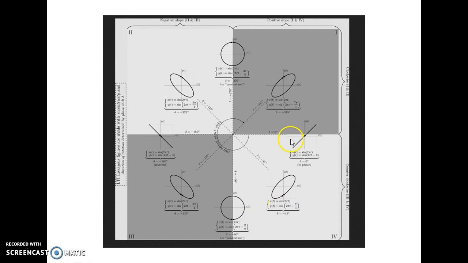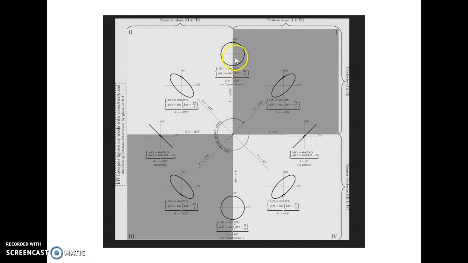So these are the figures that we get, and from this we can directly say what the phase angle is. Now for a straight line like this, it is easily clear that your phase shift is 0 degrees when the straight line is in the first and the third quadrant, and the phase angle is 180 when the line is in the second and the fourth quadrant.